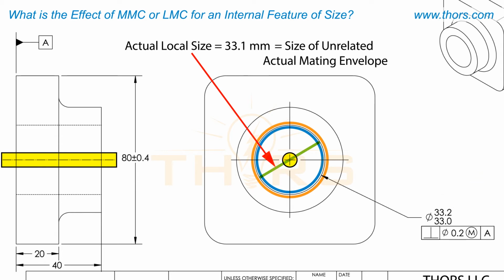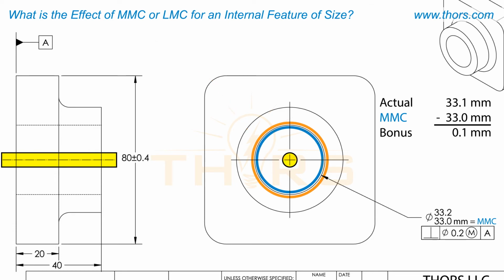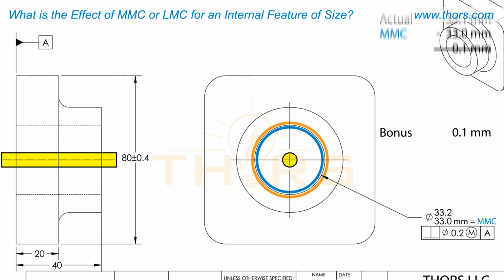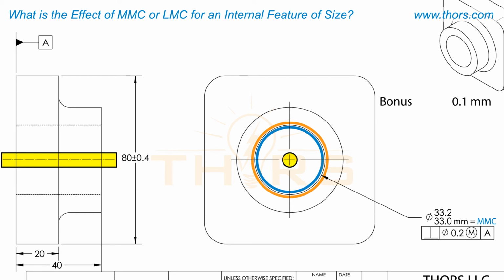Because the inside diameter was not made at MMC, the MMC limit of 33.0 millimeters can be subtracted from the actual local size of 33.1 millimeters for a deviation amount of 0.1 millimeters. This additional tolerance, or bonus tolerance of 0.1 millimeters, can now be added to the geometric tolerance value of 0.2 millimeters for a new geometric tolerance of 0.3 millimeters.